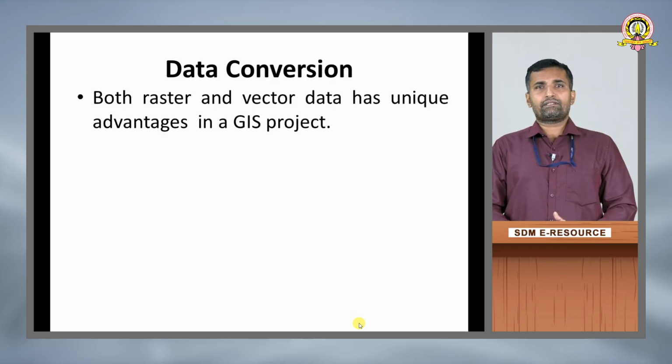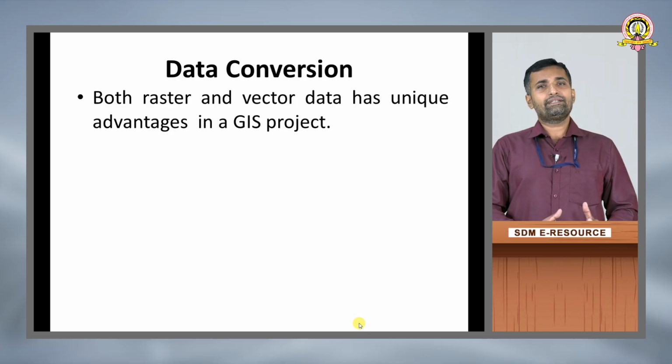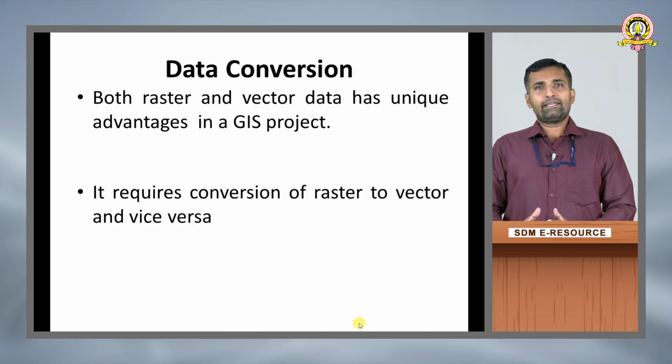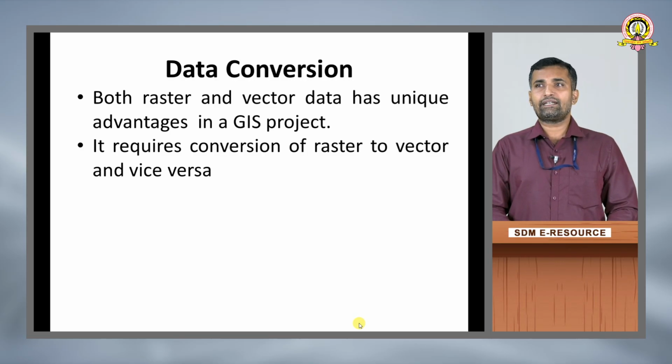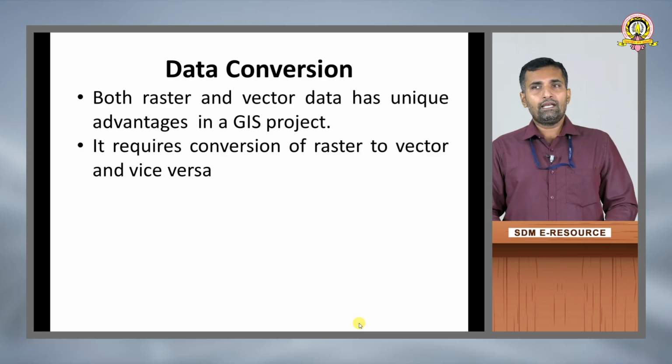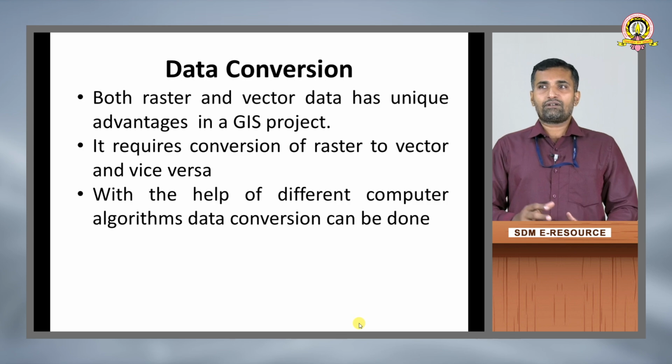Each data format, vector and raster, is equally important. Sometimes we need data in the form of raster, sometimes in the form of vector. In that case, the conversion of data should be available. Both raster and vector data have unique advantages in GIS operations. It requires conversion of raster to vector and vector to raster, vice versa.